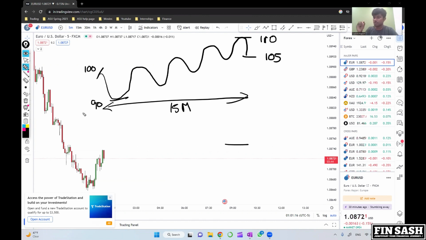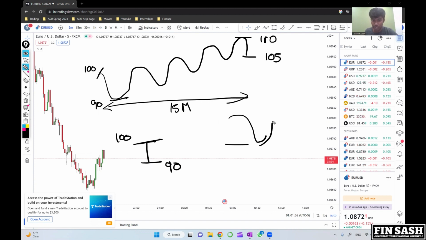Okay, so these are the numbers I give you, and I ask you to explain to me, or draw, a candlestick. So you say, okay, it opened at 100, so this is the opening. It made a fall and created a low of 90.